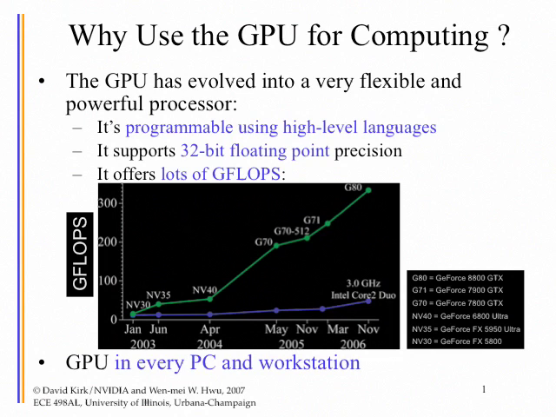What these GPUs do is they don't raise the clock frequency nearly as aggressively as the CPU people, but they just keep adding execution units into the chip. So if you compare the internal clock frequency, the G80 is actually 1.3 gigahertz, and the Intel Core 2 Duo chip is 3.0 gigahertz.